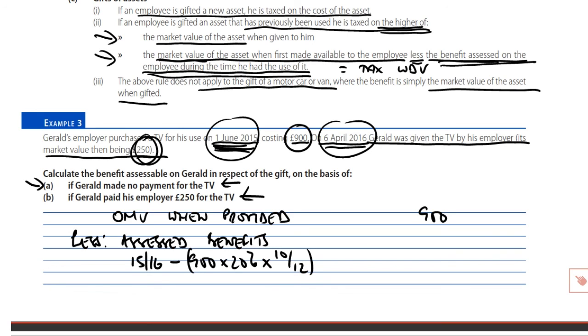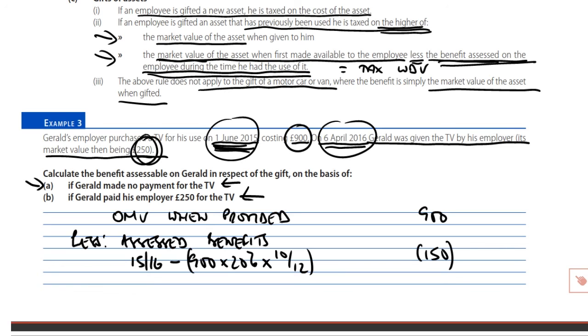So times 10 twelfths. So 20% of 900, well, that would have been 180, times 10 over 12, and that therefore will give you £150. Now that would have been the assessable benefit in the 2015-16 tax year.